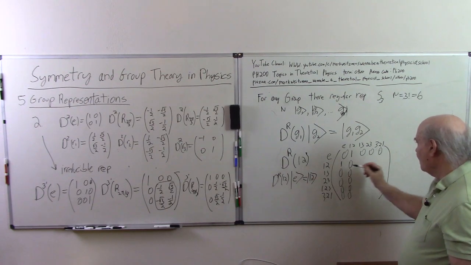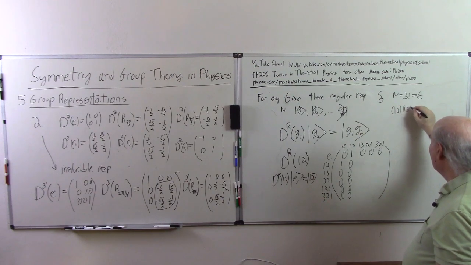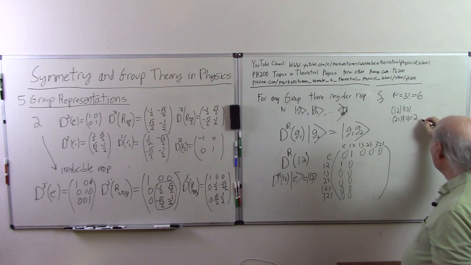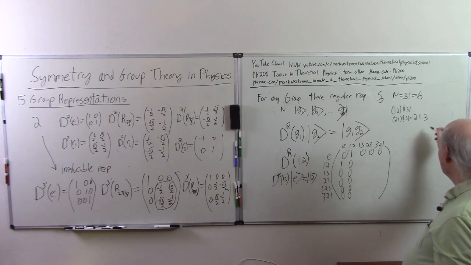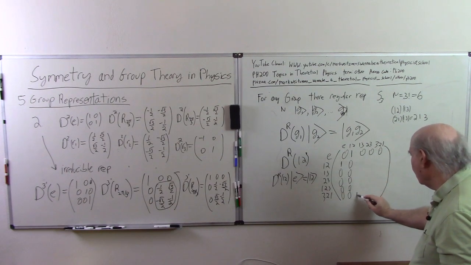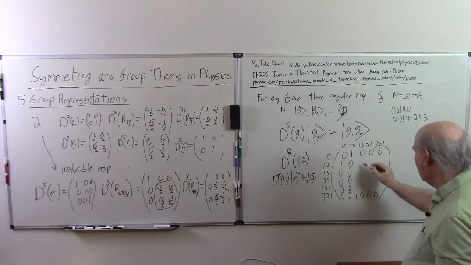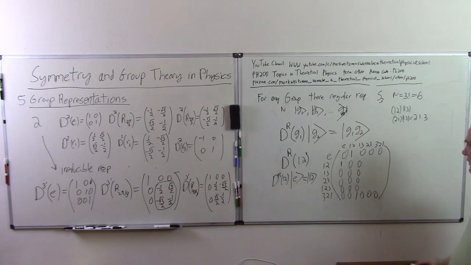And then what is (1 2) times (1 3)? Using that trick, it's (2 1)(1 3), which is equal to (2 1 3), which is here. So there's going to be a 1 here, and I can do that and so on. I can fill out the rest of the table.